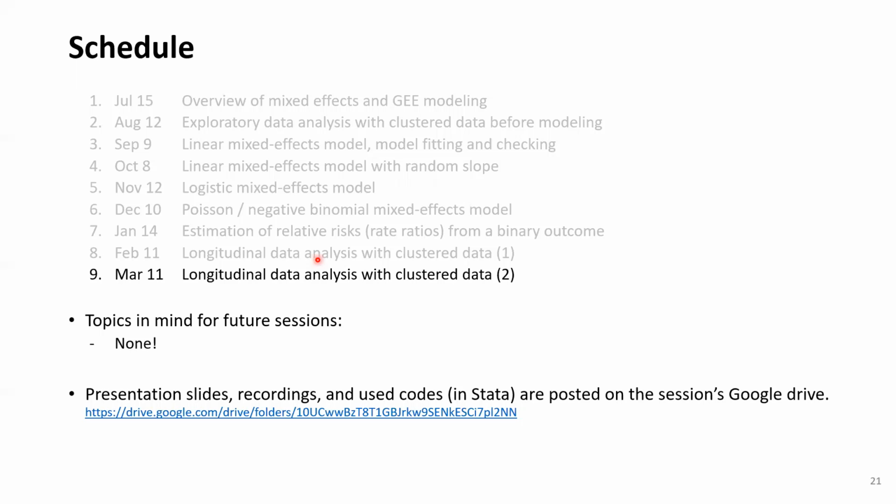So we have cluster data. We cannot apply the usual regression model. So we apply this specific model, the mixed effect model, to account for it. But now we want to know the effect of a certain exposure on an outcome. This is what we usually want to do. So this is a topic we are going to cover in March.